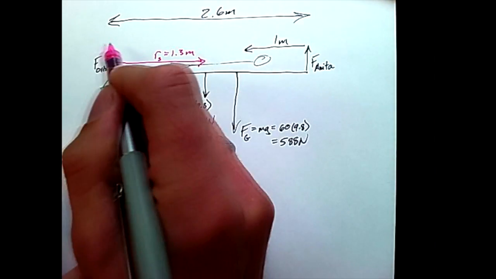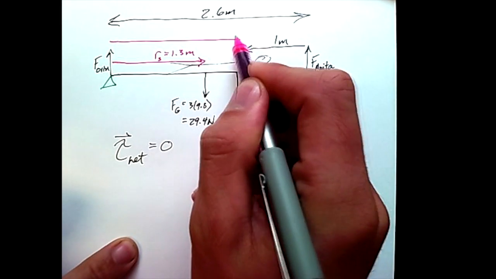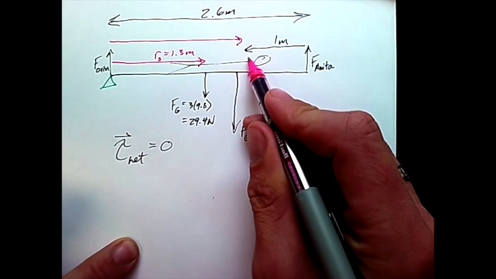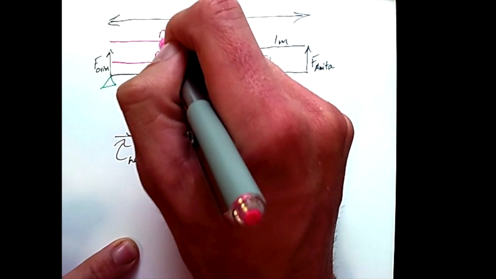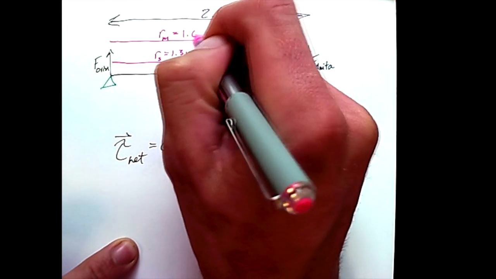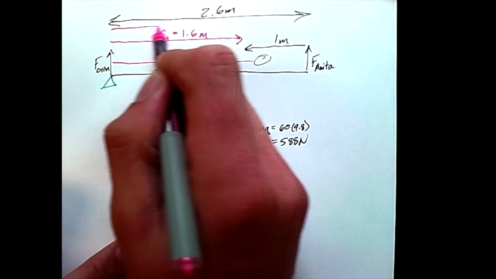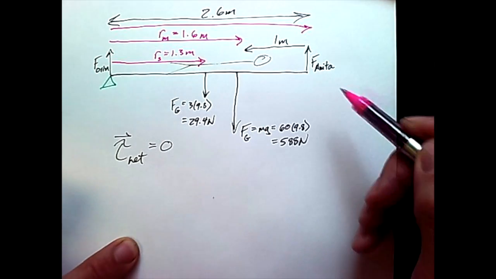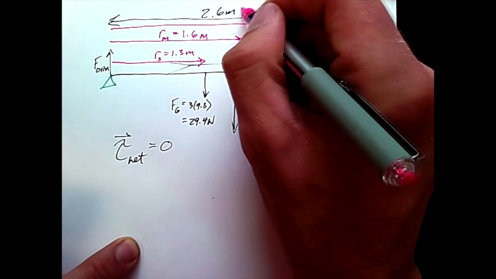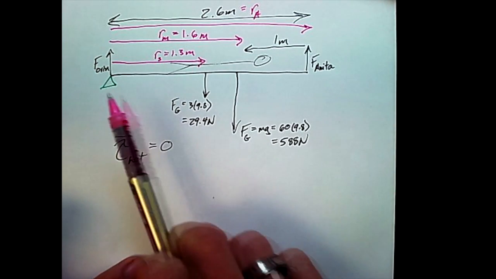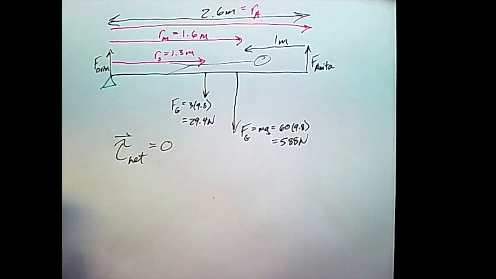But that also allows us to take the torque arm for the man, which, since he is 1 meter in from Anita, makes the radius of the man 1.6 meters. And then, of course, from Oren all the way across to where Anita is, 2.6 meters, which is the radius of Anita. Now, this is assigned by us and could have been other ways around, but this is the most straightforward way of thinking of it, in my opinion.